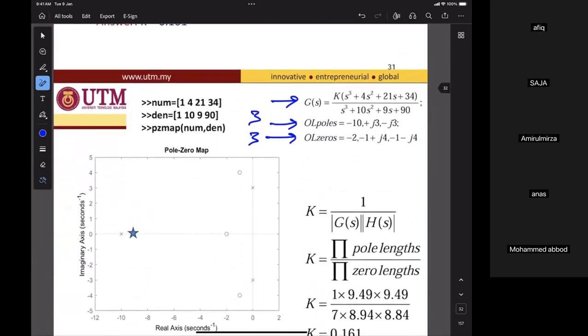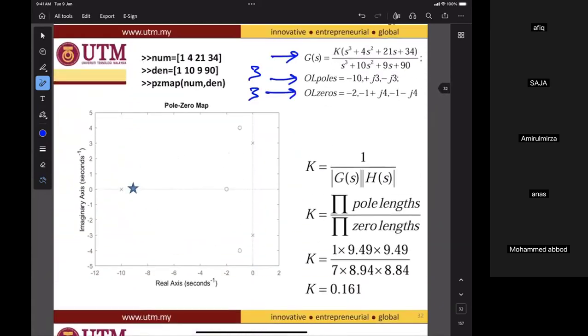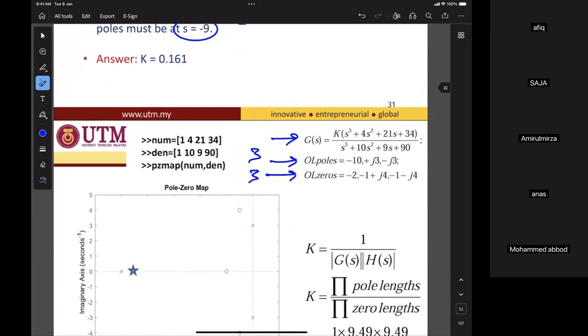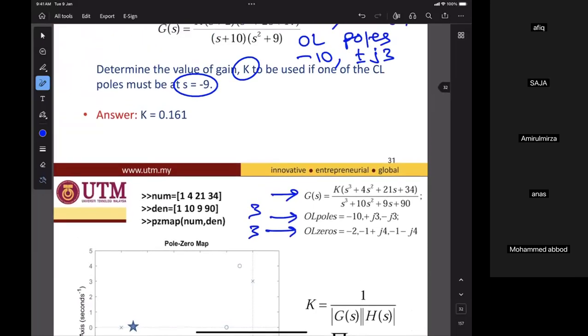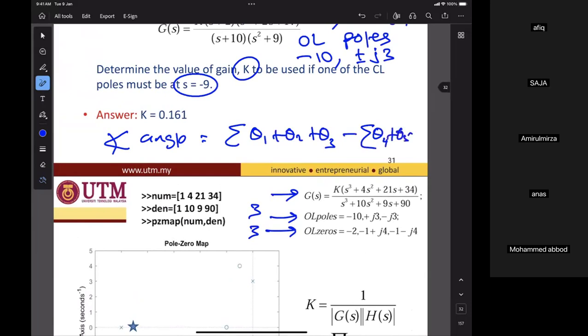So use the angle criteria. You have to measure the angle. The angle criteria is theta 1 plus theta 2 plus theta 3 minus theta 4, theta 5, theta 6.